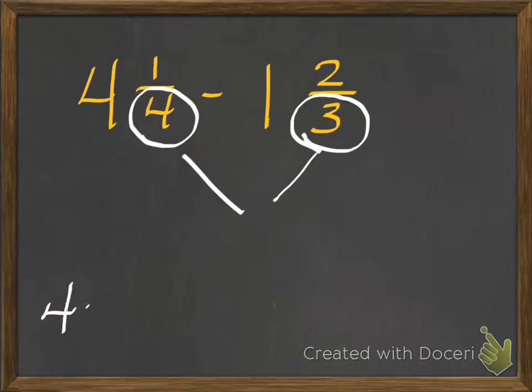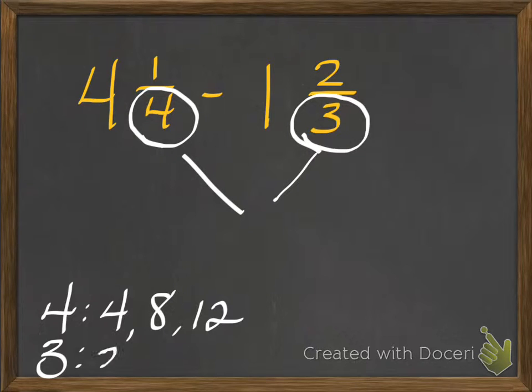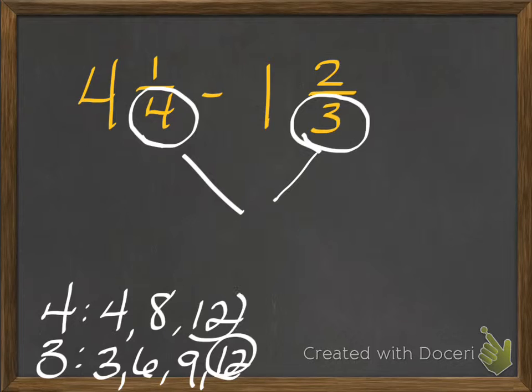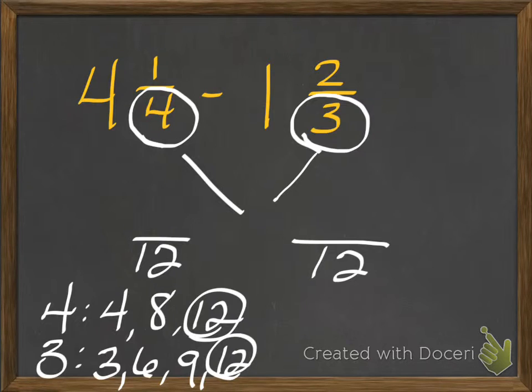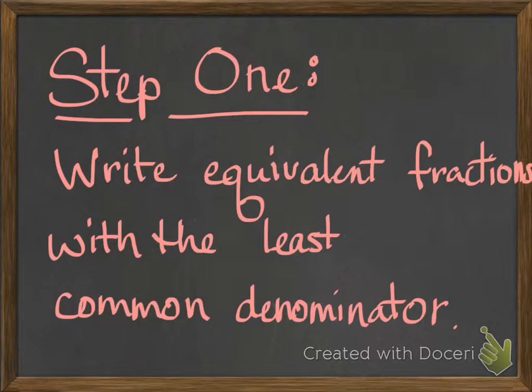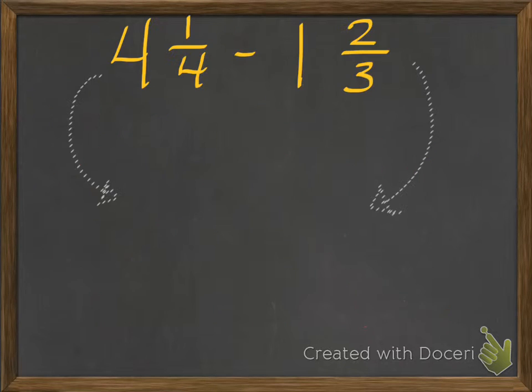So I'm going to use my multiples here to find multiples of 4: 8, 12, and 3: 6, 9, 12, and I know that I'm going to have to use 12 as the common denominator. Okay, so that's actually the first step. Step 1 is to write equivalent fractions with the least common denominator.